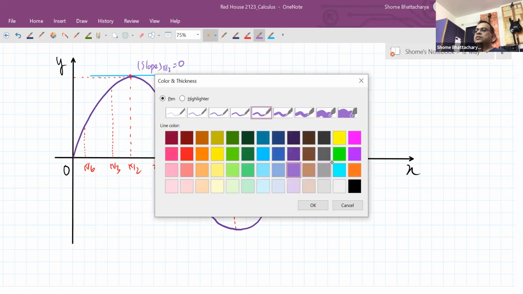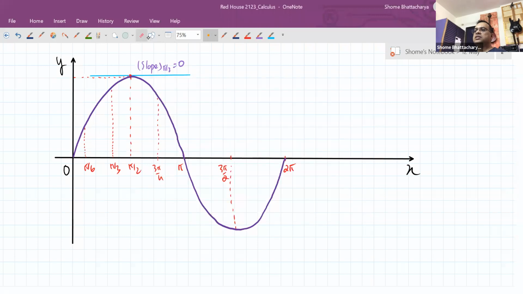Similarly, if we draw the tangent at pi by 6, you can see that it will be a straight line like this. It will have a positive slope. This one we saw has a slope of 0.86.